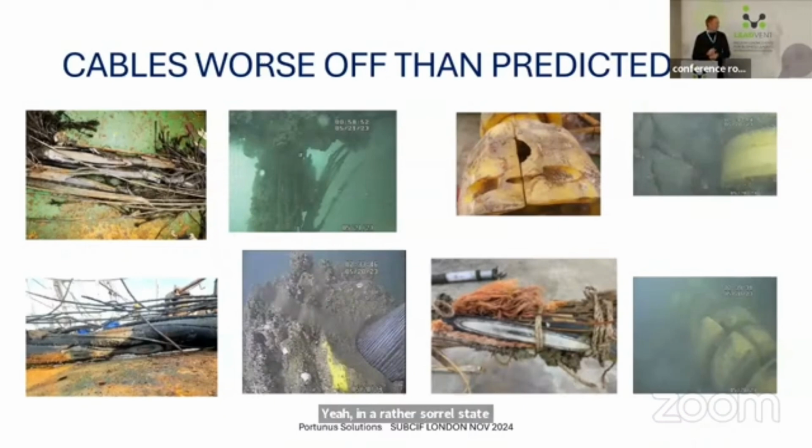This is not after 32 or 36 years, unfortunately. This is after anything from 9 to 22, 23 months. And this is not what you would like to see your cable or cable protection system look like, certainly not after such a short time.